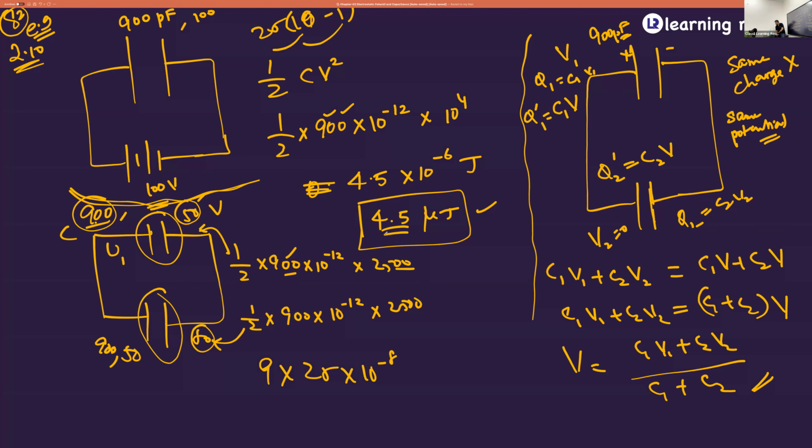It is C1 into V1 square by 2, not C1 V1 the whole square.